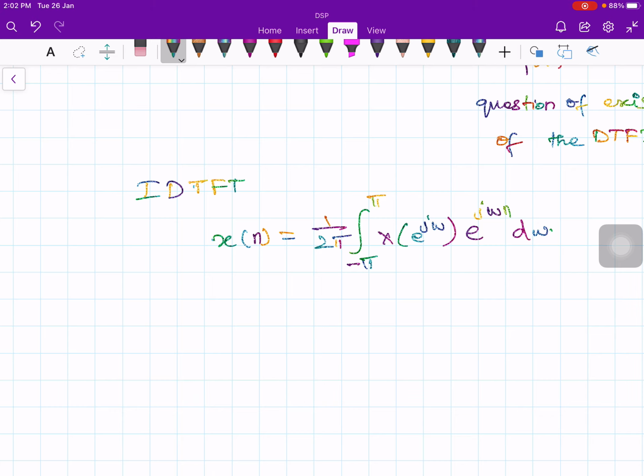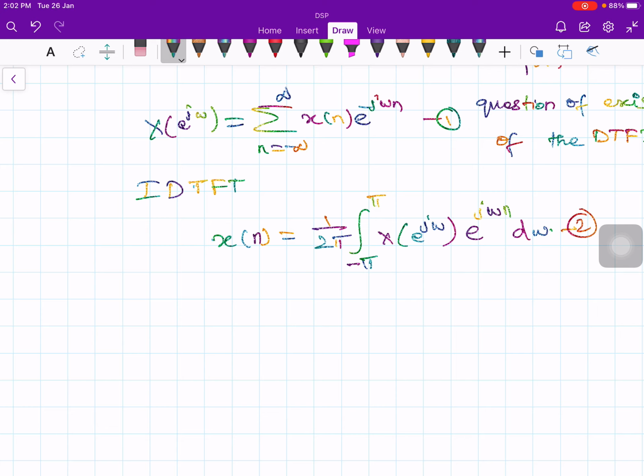And we also emphasized the fact that both the DTFT and the inverse discrete time Fourier transform are not matters of definition. Let me call this equation 2. X of e to the j omega is equal to the summation, equation 1. So equations 1 and 2 are not matters of definition.